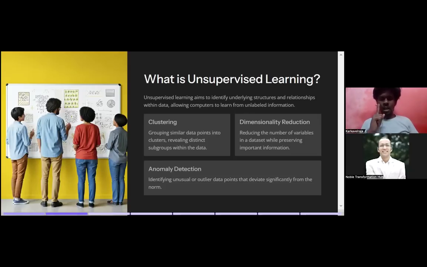Dimensionality reduction: reduce the number of variables in the dataset while preserving its important features.